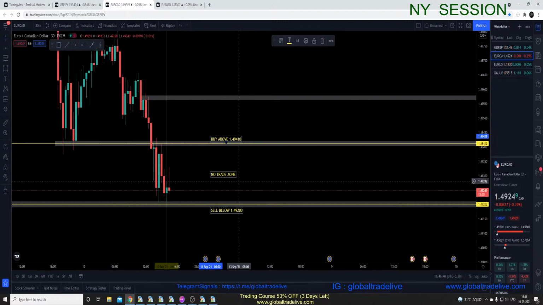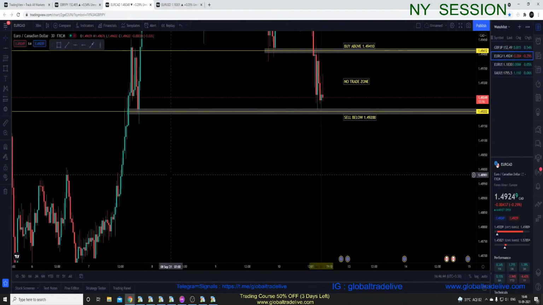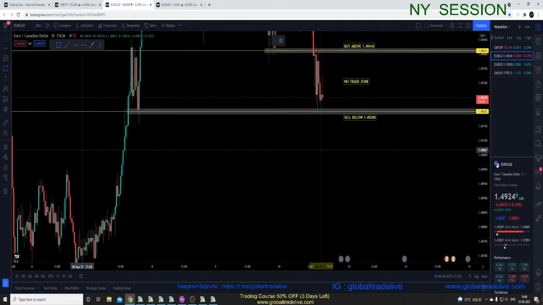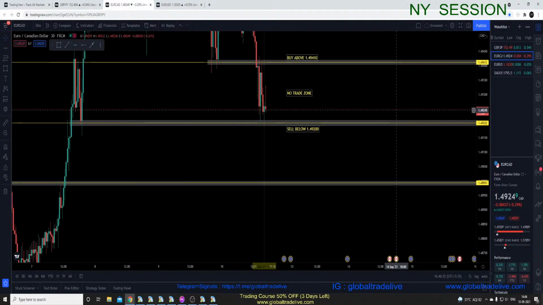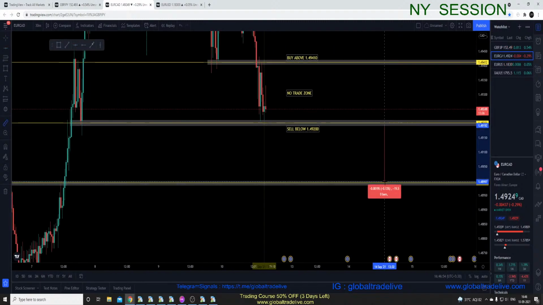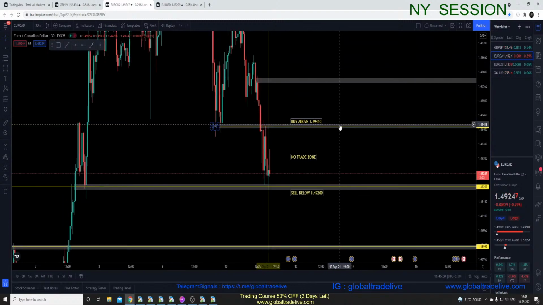Okay, so we have a clean range below 1.49200. Let's just calculate it. The range is about 20 pips, a good range to the downside, and the upper range is about 15 pips, so a good range to the upside also.